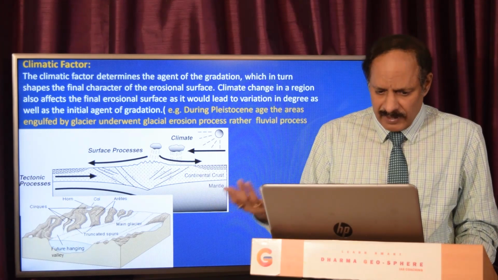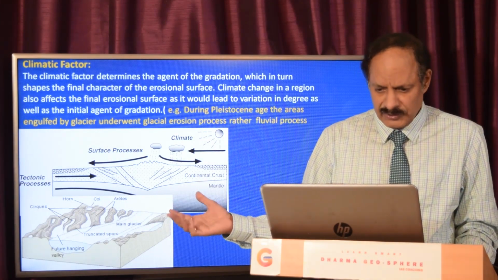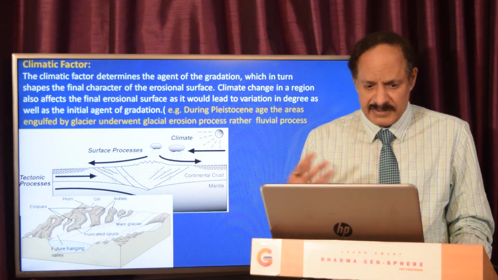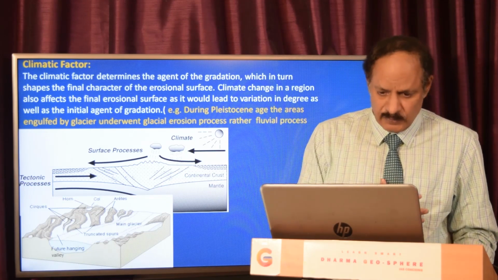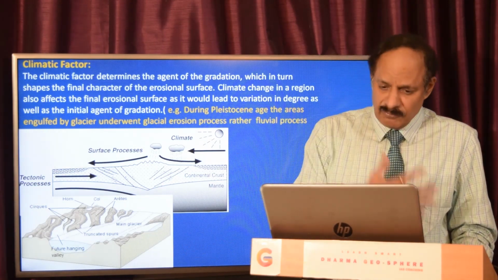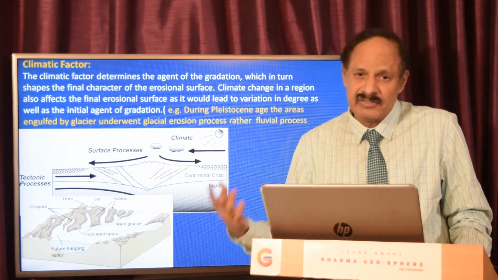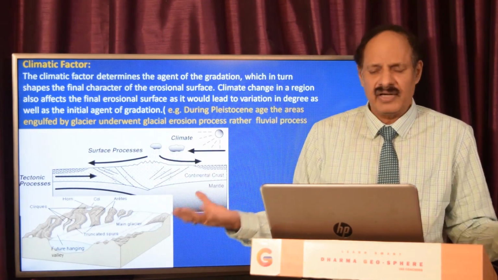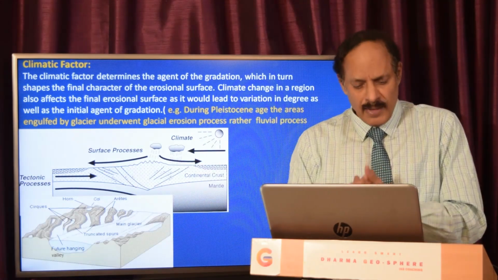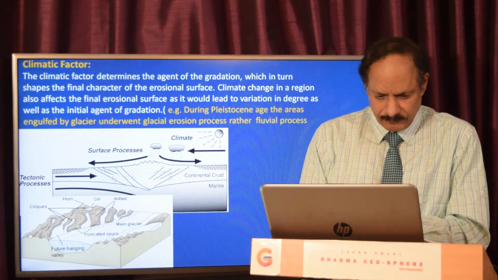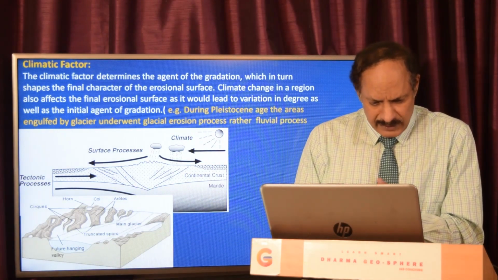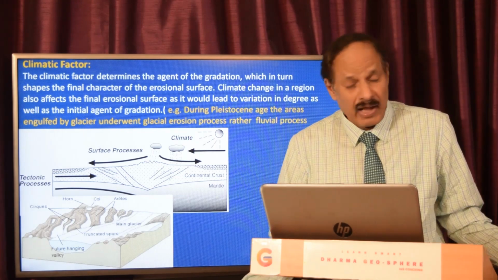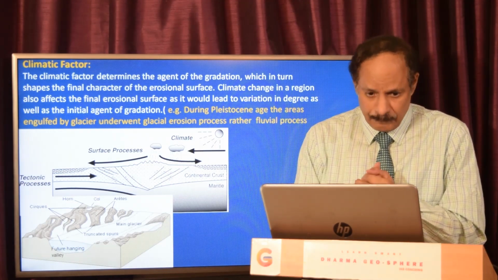Then the climatic factor, shown very schematically here: during the Pleistocene age, the areas engulfed by glaciers underwent glacial erosion rather than fluvial. So glacial is much more effective than fluvial. This effective erosion also created a lot of landforms, including glacial moraines and valley floors, etc.